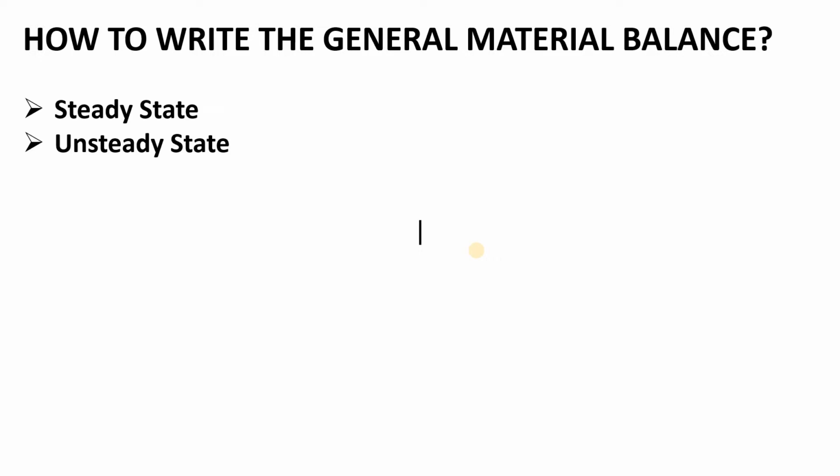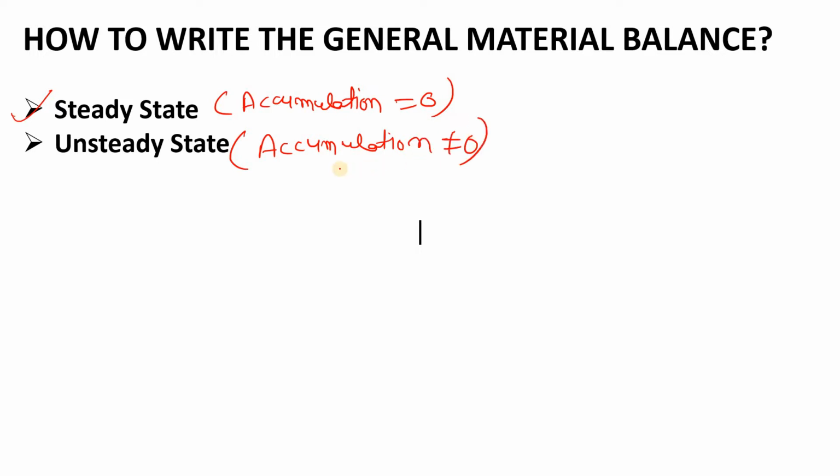Okay, the first thing is there are two types of material balance. The first one is a steady state material balance, where the accumulation term will be 0, and in the unsteady state the accumulation is not 0.